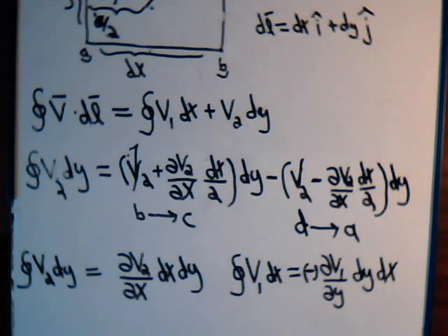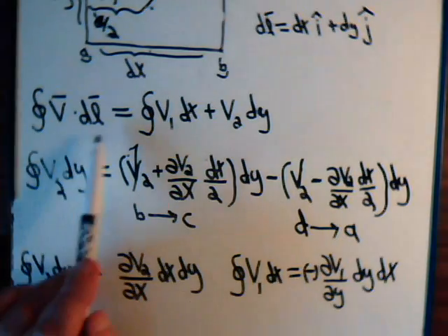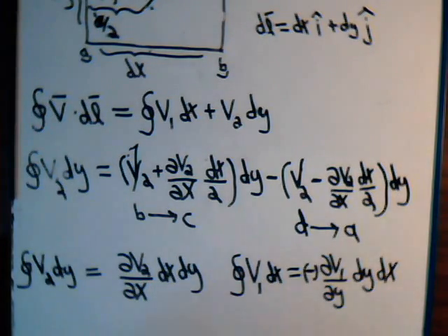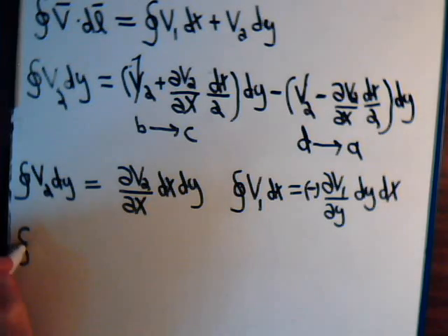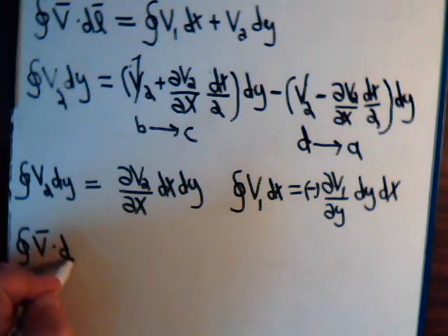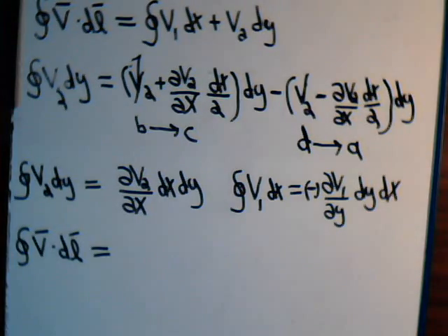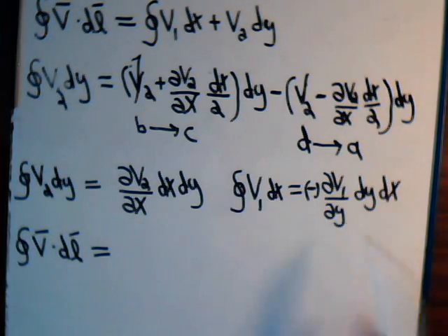So if we add these together, add this and this together right here, that gives us then the total line integral. So we have v dot dl, and that is equal to then this minus this.